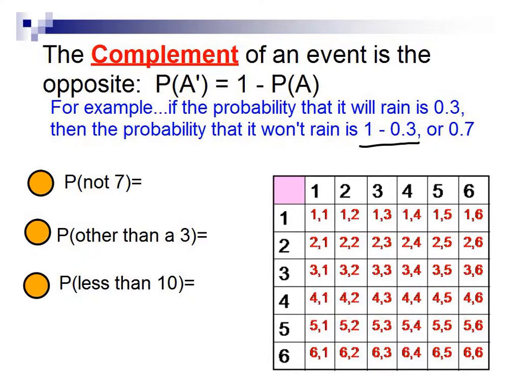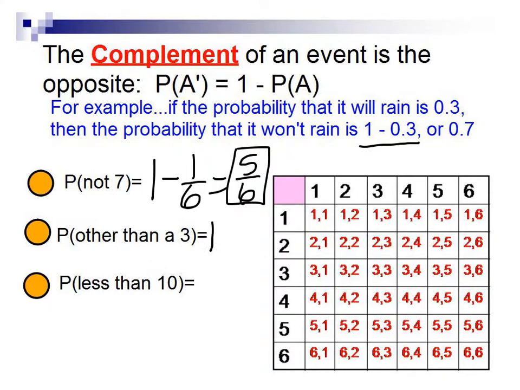So when we look at what's the probability that it's not a 7, well, we would go back to our previous slide. We saw the probability of getting a 7 was 1/6. And so the probability that we do not get a 7 would simply be 1 minus that probability. So 6/6 minus 1/6 would be 5/6 probability that it's not a 7. Another way to word that would be to get something other than a 3. Well, that's the complement of getting a 3.